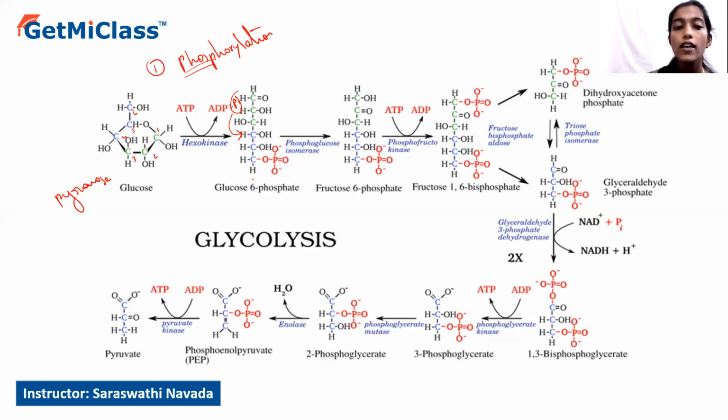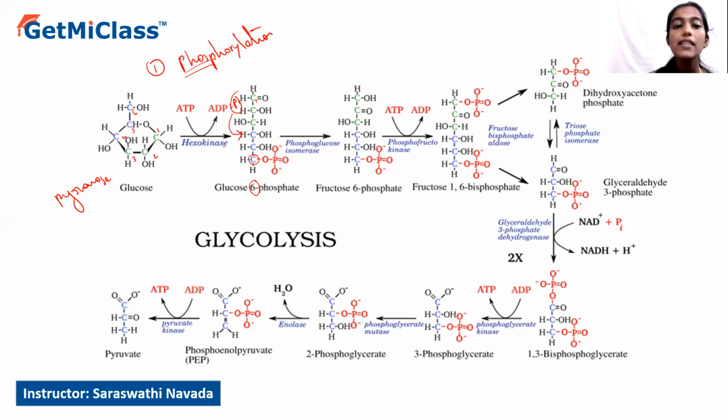Here it is called glucose 6-phosphate because the inorganic phosphate obtained from the hydrolysis of ATP will be added to the 6th carbon of the glucose. Starting from here, if we take a count, this will be the 6th carbon, and to the 6th carbon the phosphate will be added, and hence the resultant compound formed is glucose 6-phosphate, where this number 6 represents the number of the carbon atom to which the phosphate molecule is attached.